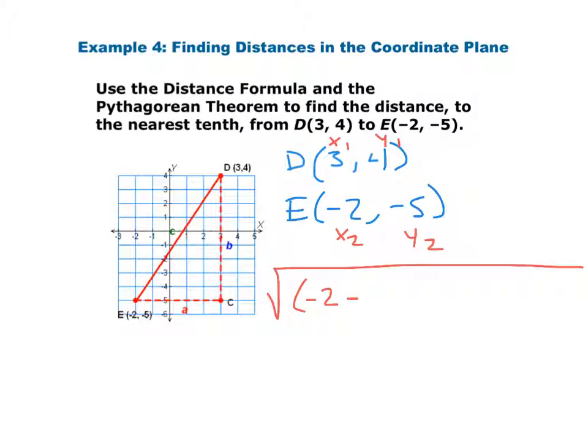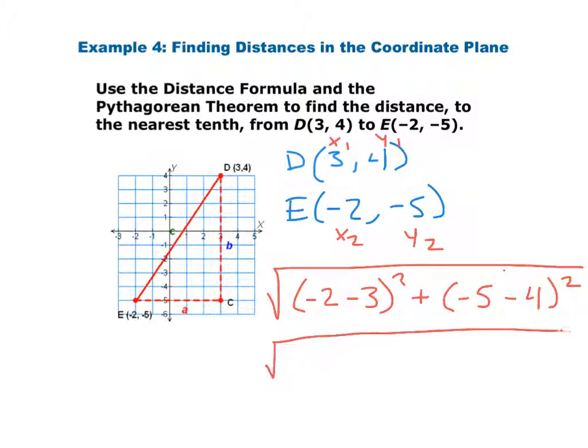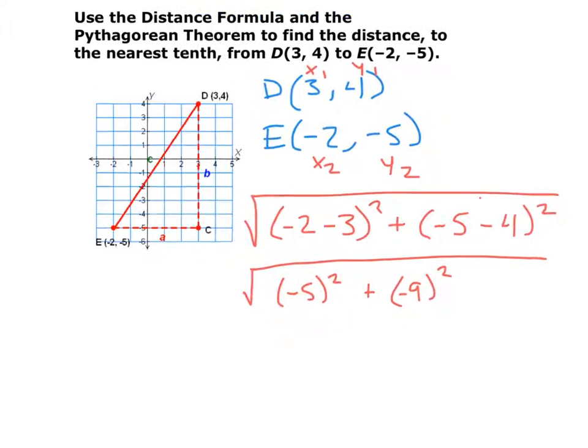-2 minus 3 squared plus, what's next? -5 minus 4 squared. So we have -2 minus 3, -5 squared plus -5 minus 4, -9 squared.